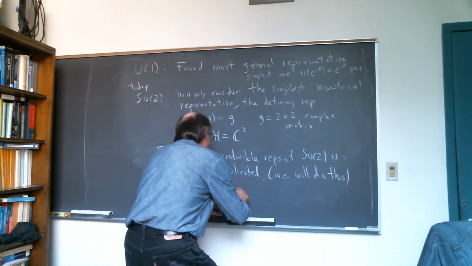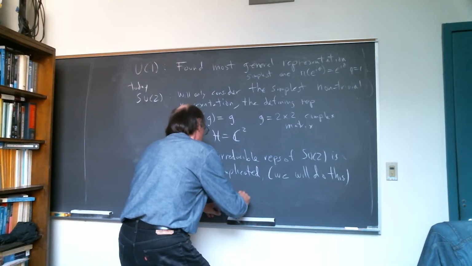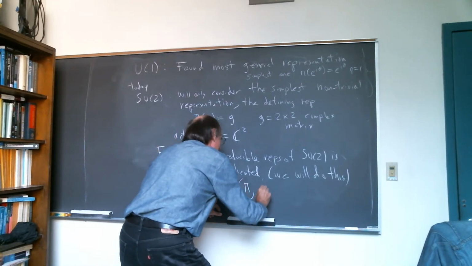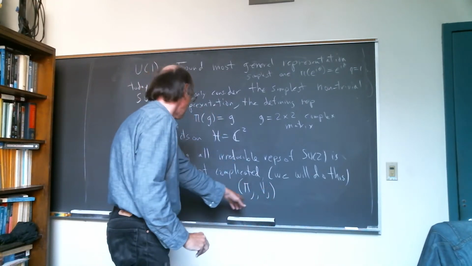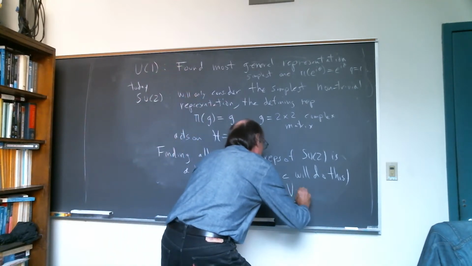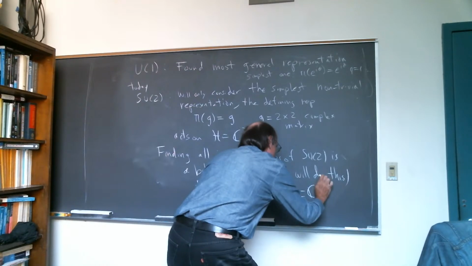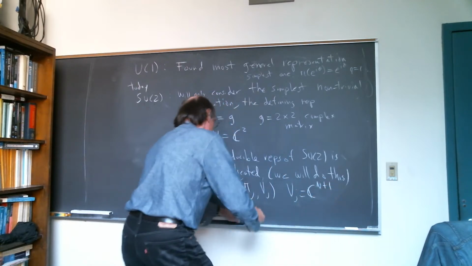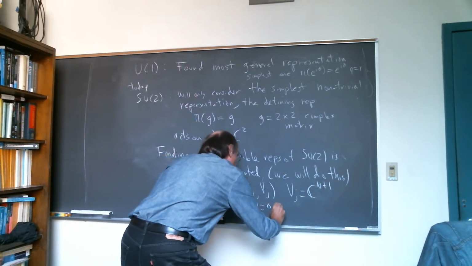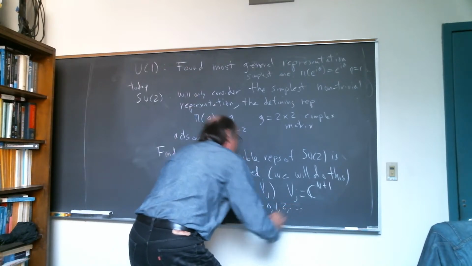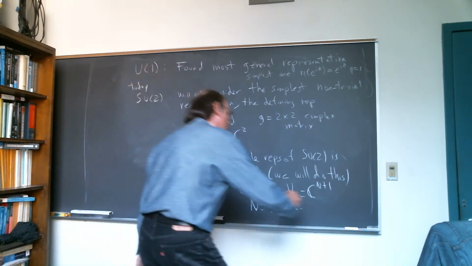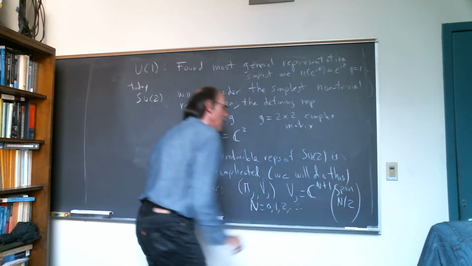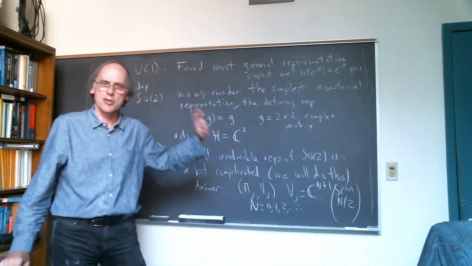They're given by pi_n on V_n, where V_n is equal to C to the n plus 1, with n equal to 0, 1, 2, etc. And this is called the spin n over 2 representation. This will make no sense to you if you haven't seen it before.